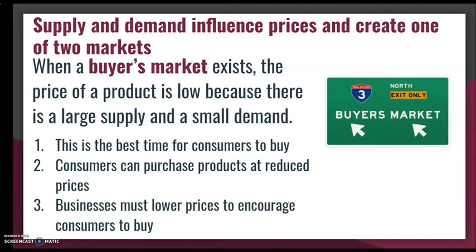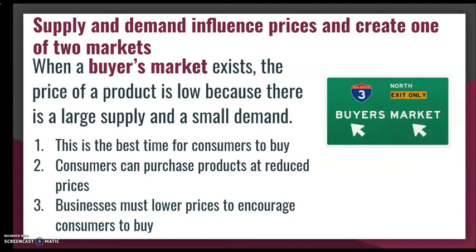What does the manufacturer need to do to sell the remaining 40,000 convertibles? Well, they must lower the price because the supply is far greater than the demand. The manufacturer might even lose money because it must lower the price to the point that consumers are willing to buy. While this is bad news for the manufacturer, it's great news for customers like us because we get to save quite a bit of money.